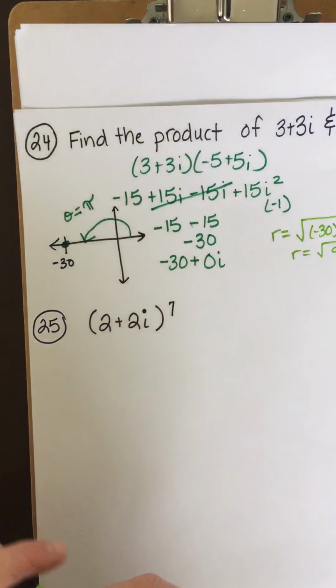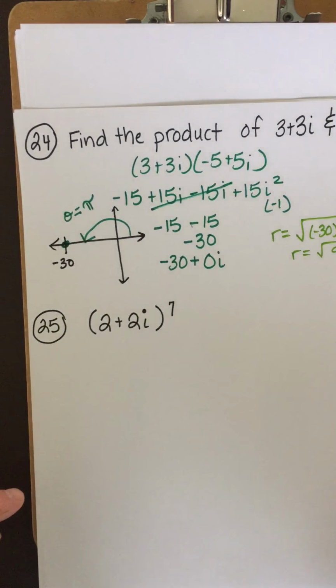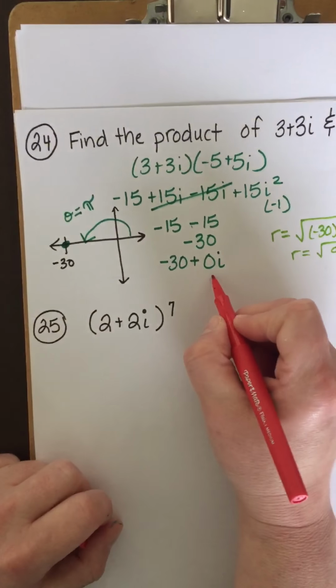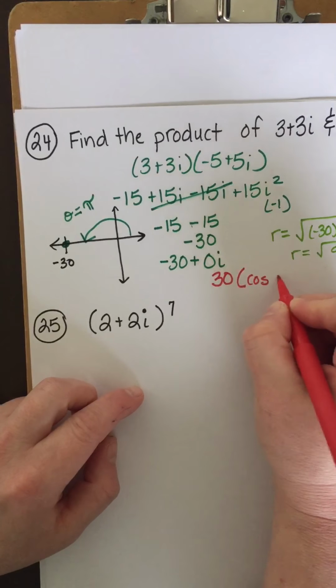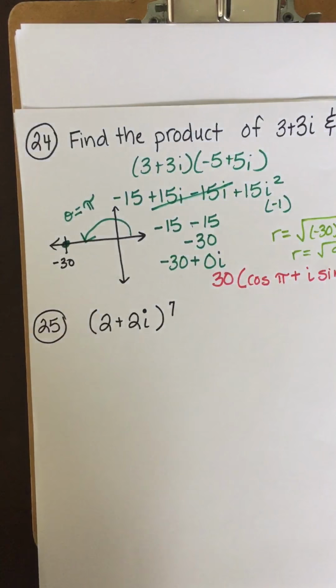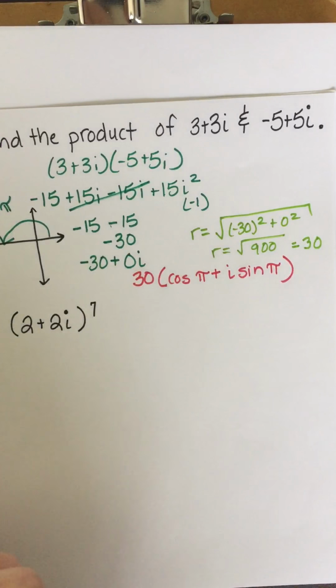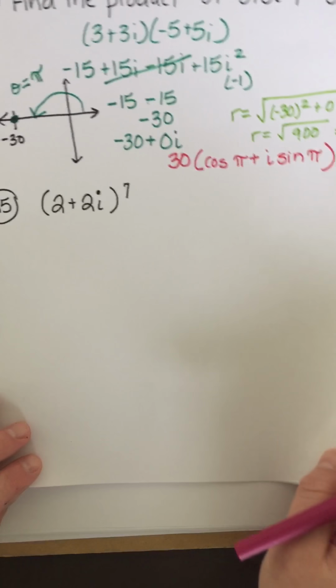Now we can put all that together, and the answer will be 30 out front, your r, and then cosine of pi plus i times the sine of pi. Ta-da!